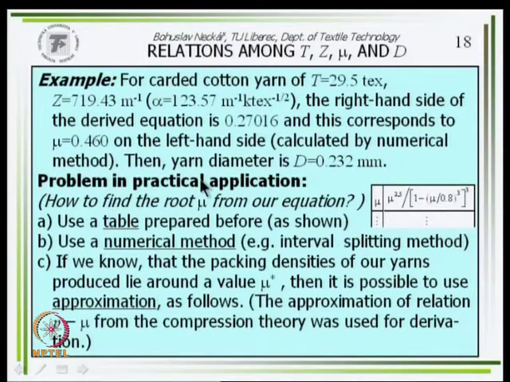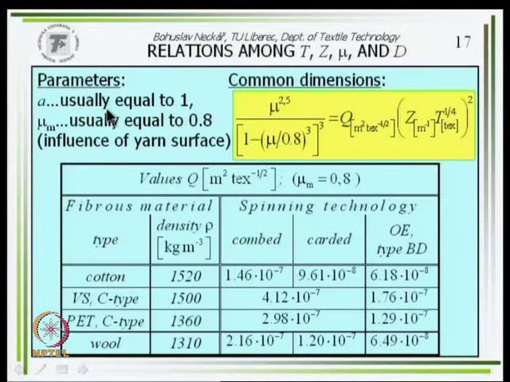Well, when we know yarn count and yarn twist, no problem to calculate the packing density using such an equation. No problem. We can calculate the right hand side of our equation. And now we need to solve the question which mu on the left hand side corresponds to our right hand side value.